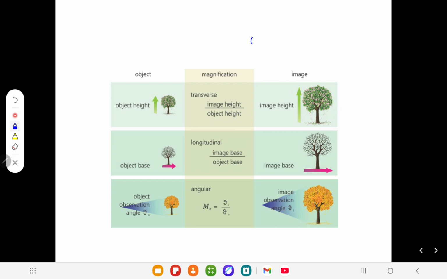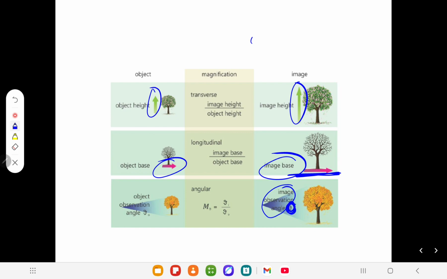So let's talk simply about magnification. Transverse magnification means height of the image divided by height of the object. Longitudinal magnification is the length along the optical axis: image length divided by object length along the optical axis. And angular magnification is the angle made by the image divided by the angle made by the object.